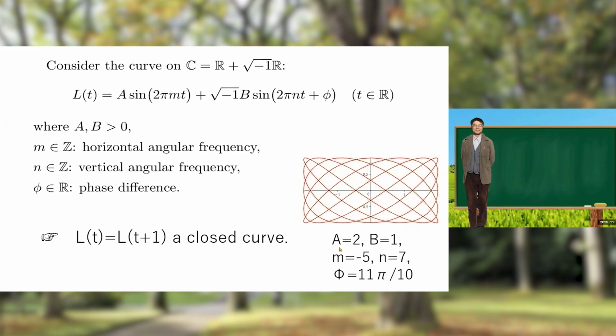The typical case is A equals 2 and B equals 1, where 2 means the length of this side, and 1 means the length of the vertical side. And 5 and 7 are just the frequency parameters. 5 and 7 are the number of mountains. And phi in this case is a small deformation, but this graph is produced by these parameters.